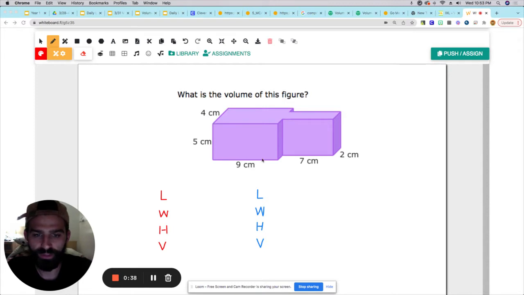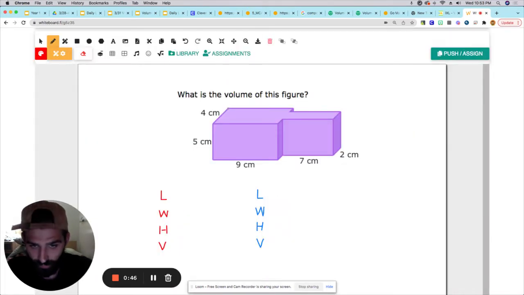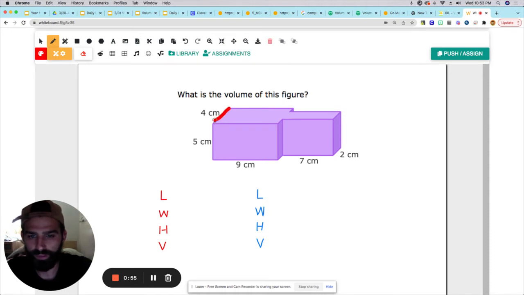I'm going to break apart this bigger rectangular prism, and I'm going to separate this one. I'm going to do the bigger one in red right here. Let's see if I can make that a little bigger. Okay, perfect. This right here is going to be my bigger rectangular prism.